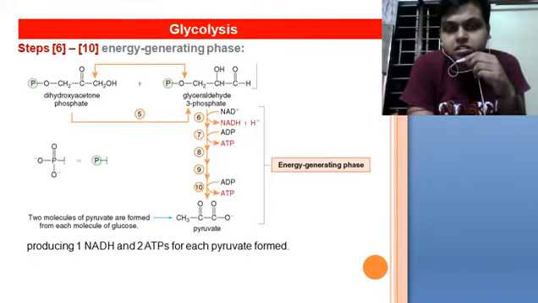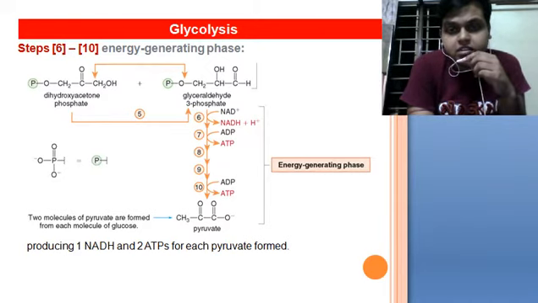Dihydroxyacetone phosphate is an example of a triose. It is converted into glyceraldehyde 3-phosphate in reaction number 5, which is an isomerization reaction. After this fifth step we get two molecules of glyceraldehyde 3-phosphate.